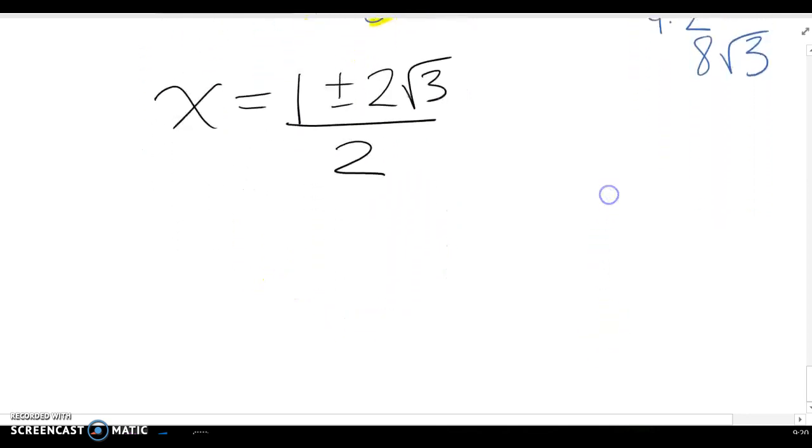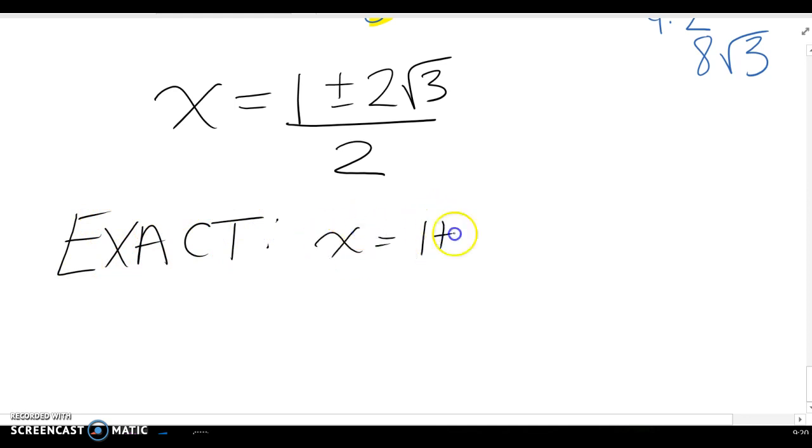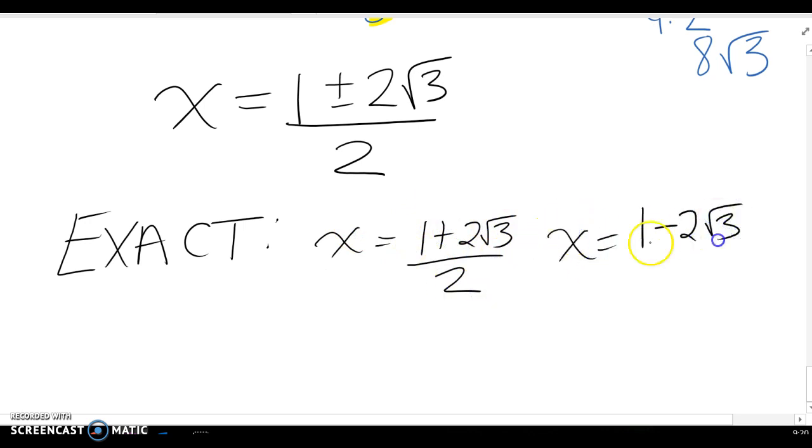So if I was asked to leave them in radical form, my two solutions are x equals 1 plus 2 square root 3 divided by 2, and x equals 1 minus 2 square root 3 divided by 2. Those are my two exact solutions.